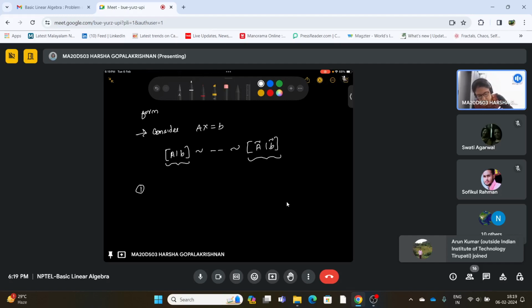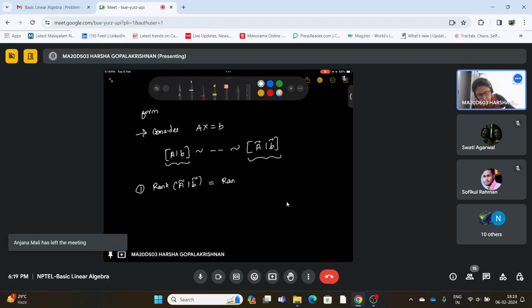So the first case is if rank of [A tilde | b tilde] equals rank of A tilde equals n. What is n? A is an m by n matrix, m rows and n columns. The n columns means there are n unknowns, x1, x2, up to xn.